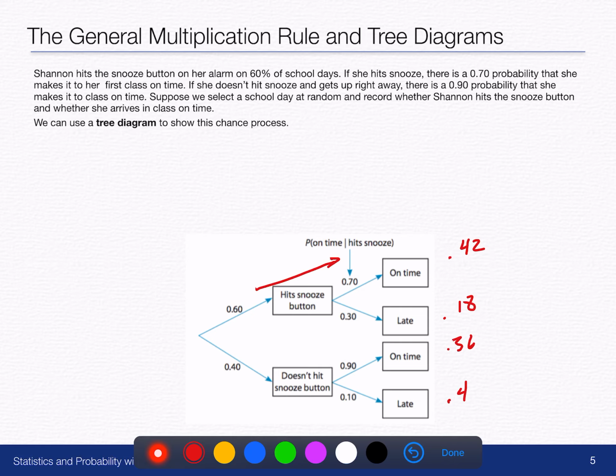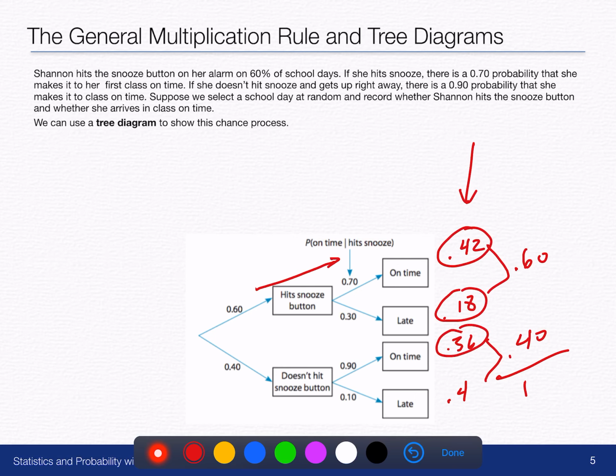So if you add all these up, these two would add up to 60, these two would add up to 40, and all together it adds up to 1. So remember, this entire thing is called your sample space, and these are the probabilities of each outcome.